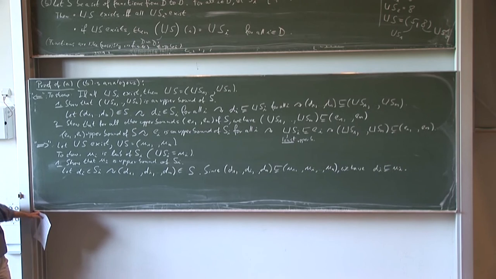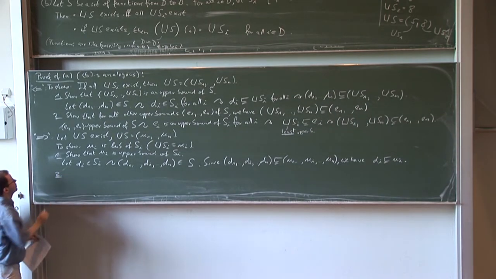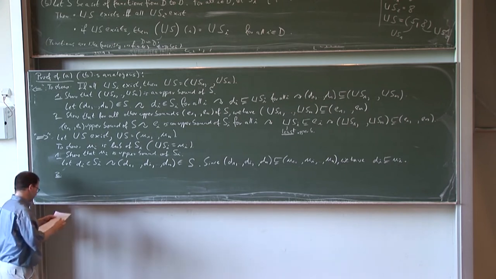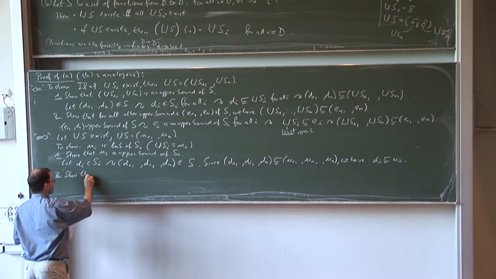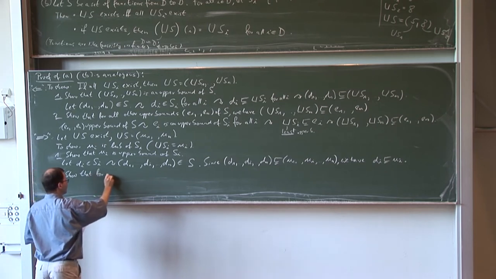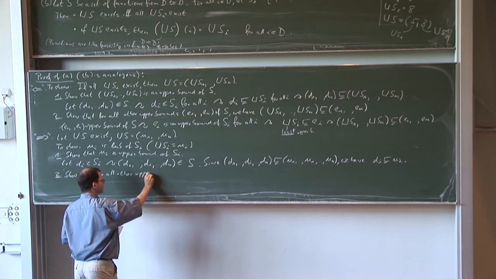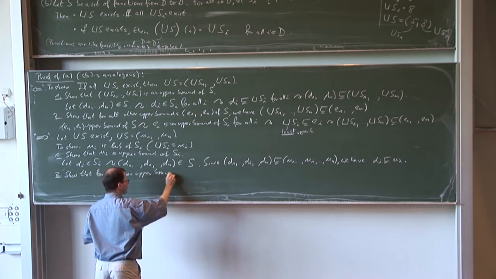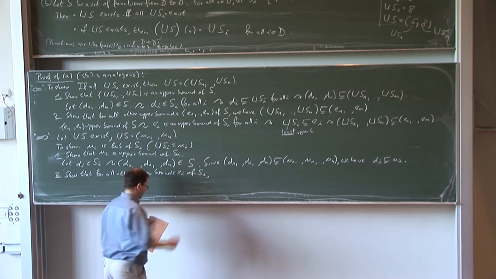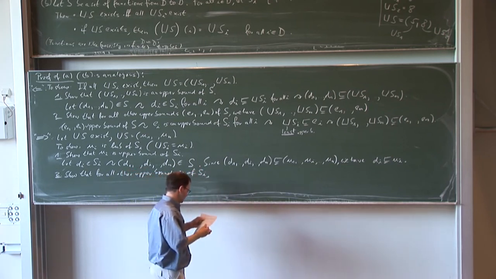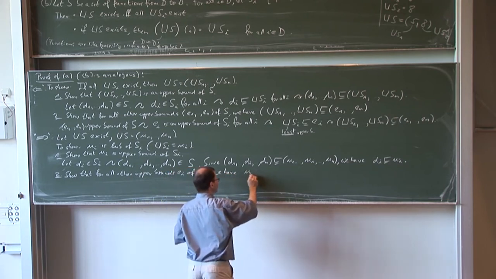And the last step is, we have to show it's not just an upper bound, but it's the least upper bound. So, show that for all other upper bounds ei of Si, that here ui is smaller.